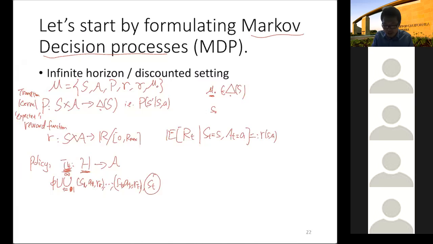Now, how do we evaluate any given policy? Let's say that this policy, I'll just drop this t, actually means the collection of pi_1 to pi_k and all the way to the infinitely long Markov decision process policy. So how do we evaluate an individual policy? The value of this policy, which will... sorry, can I ask a question? Yes.